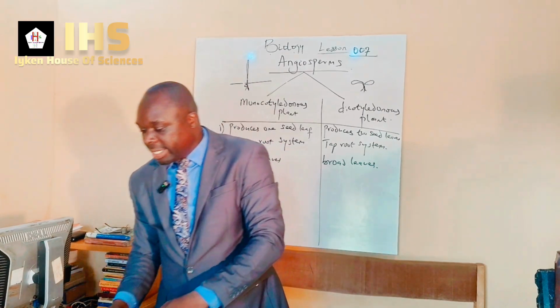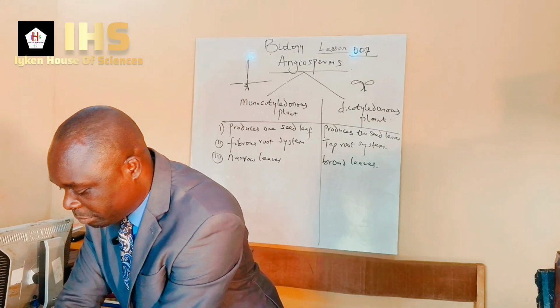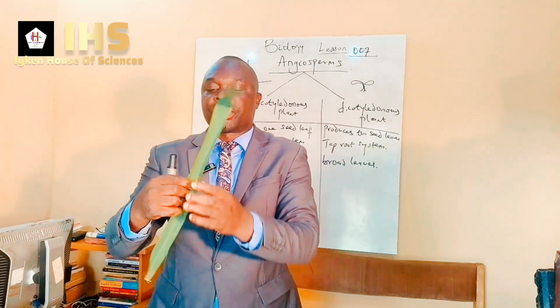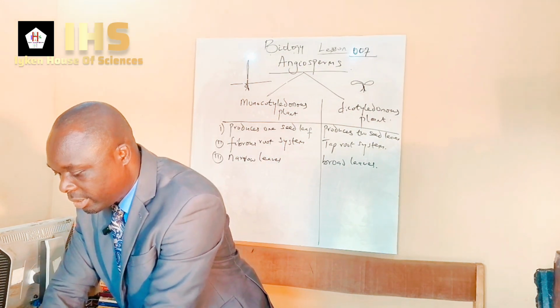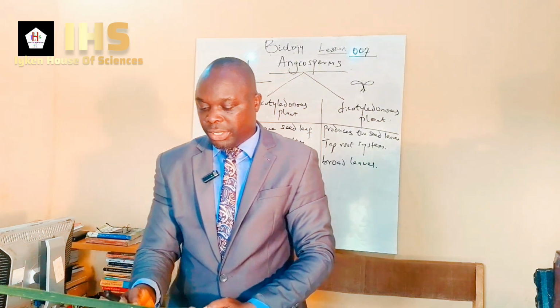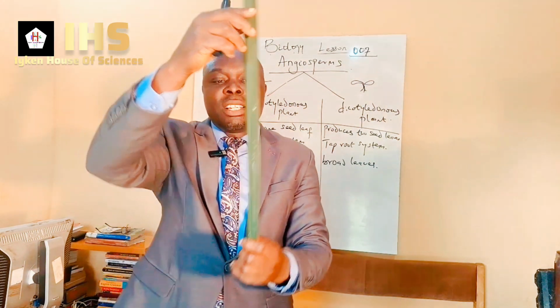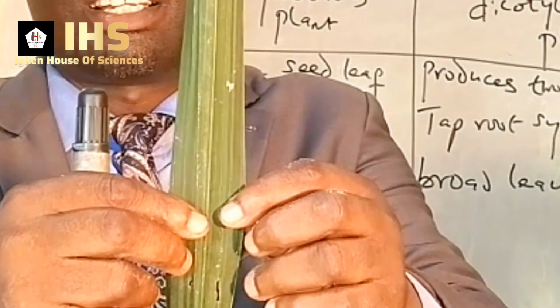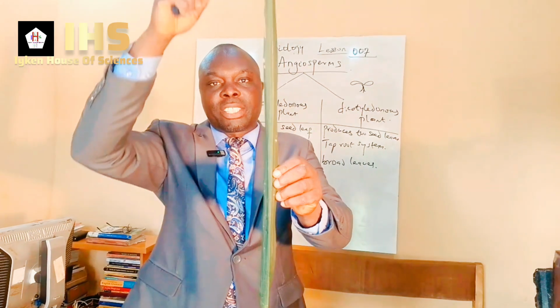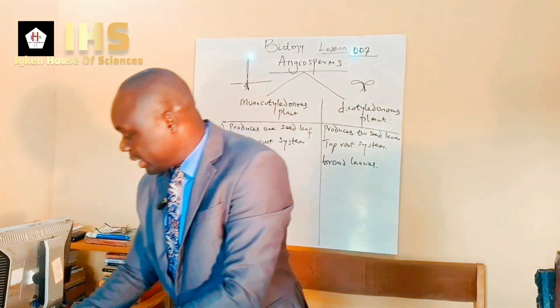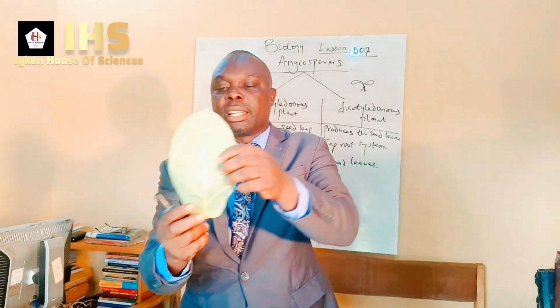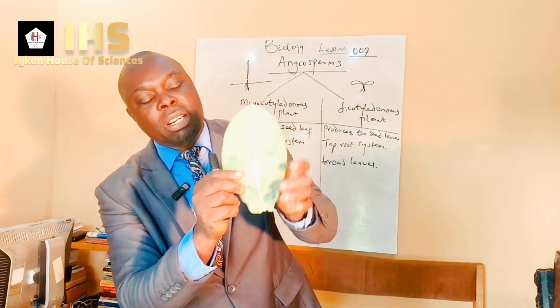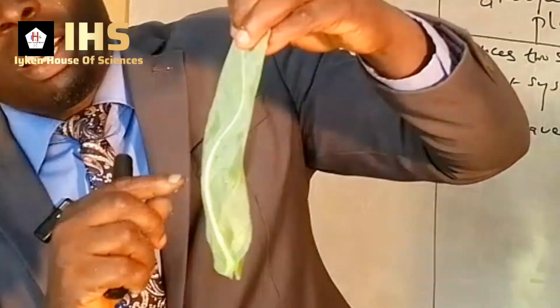Another one is the way the veins are arranged. The veins are those lines. These lines you are seeing here are parallel, straight lines. But the leaves of the dicot have network venations.